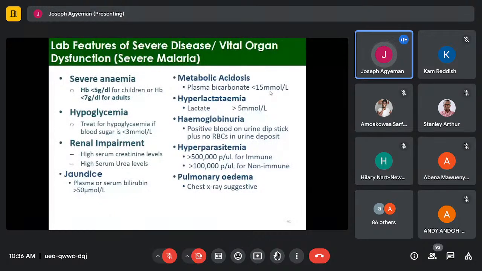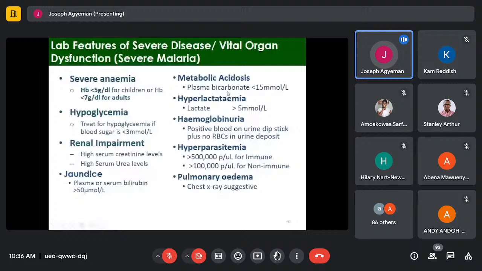Then you get a lot of lactic acid production. That will increase your lactate concentrations to regions higher than 5 millimole per liter. When this happens, naturally, your body will use your natural acid buffer, that is bicarbonate, to try and neutralize the acid. By so doing, your bicarbonate concentration will drop.